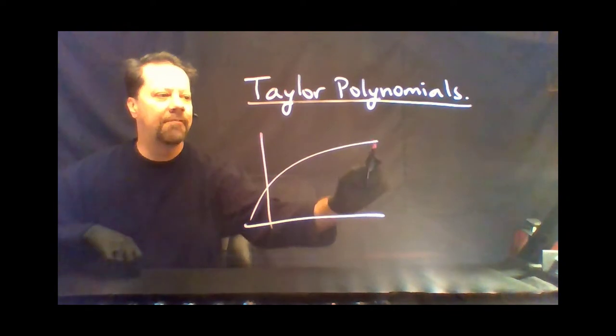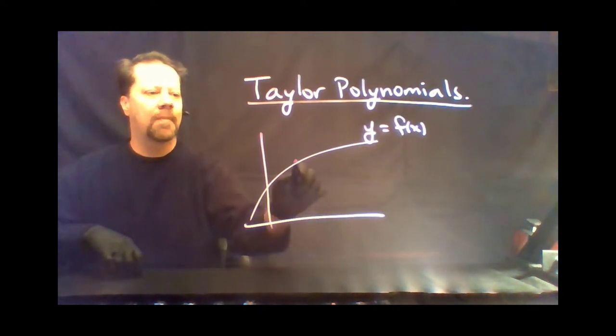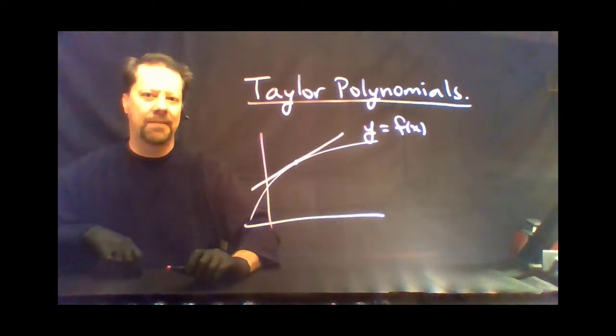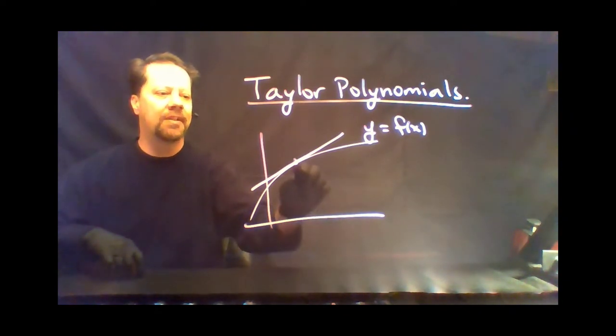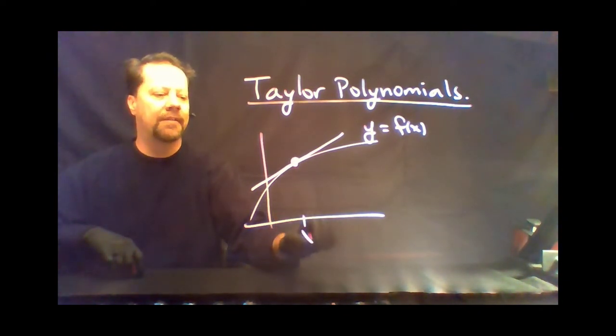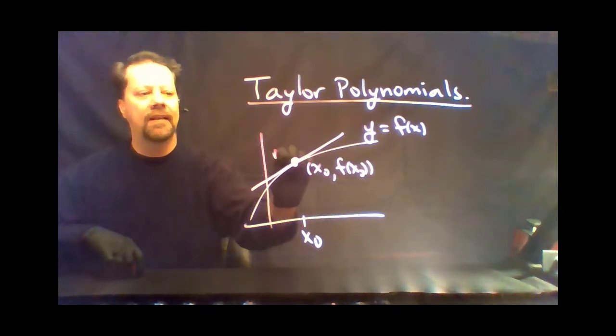Suppose you have some function. We already know the tangent line approximation. The tangent line approximation uses the coordinates of a point and the slope.